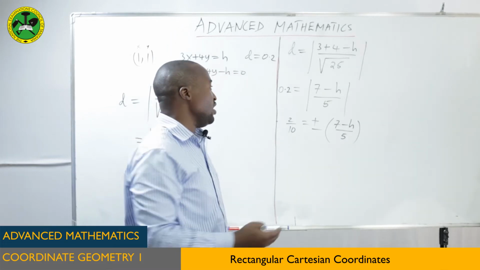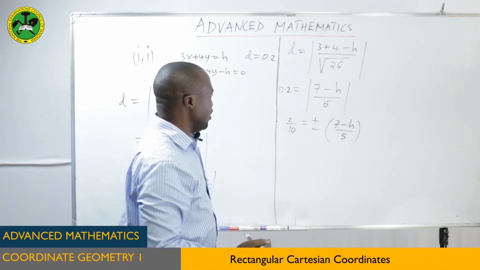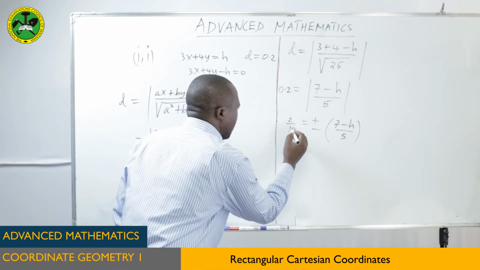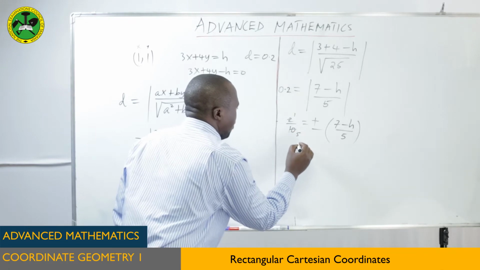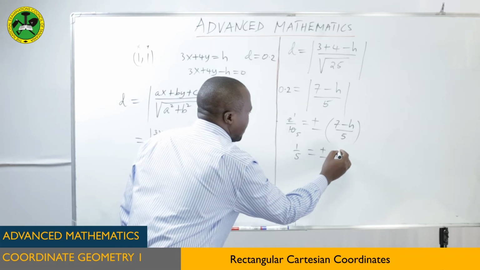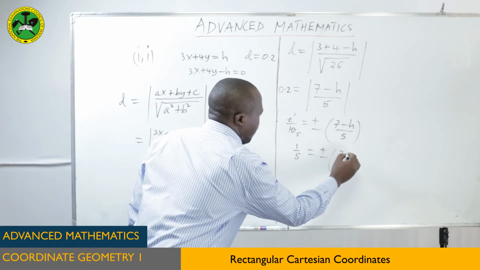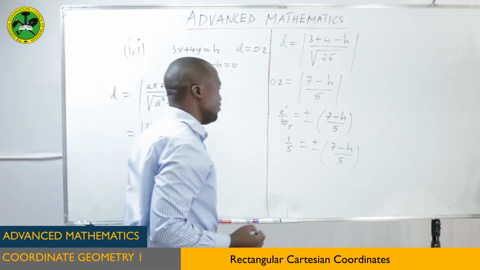That is how we remove the absolute value. So here we are going to have, that is by 2 is 1, by 2 is 5. We have 1 over 5 is equal to plus or minus 7 minus h over 5.